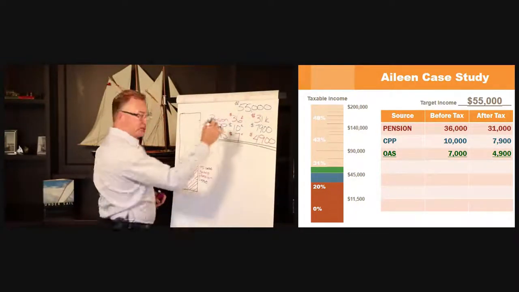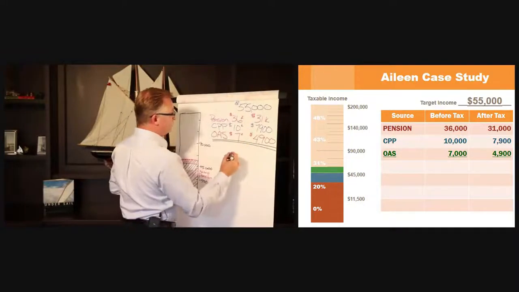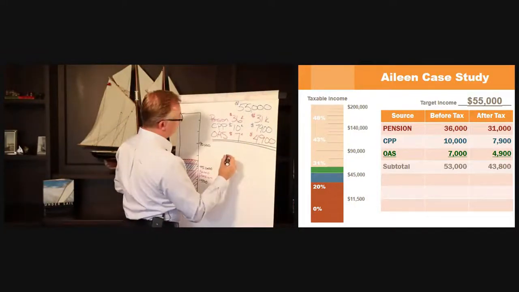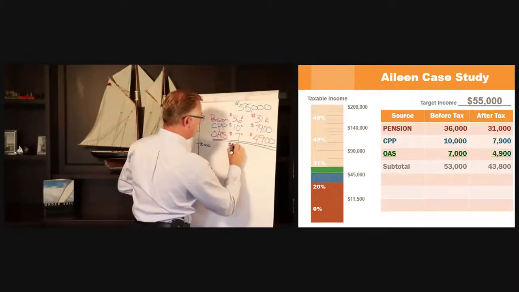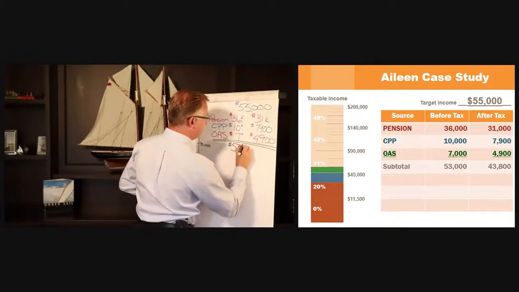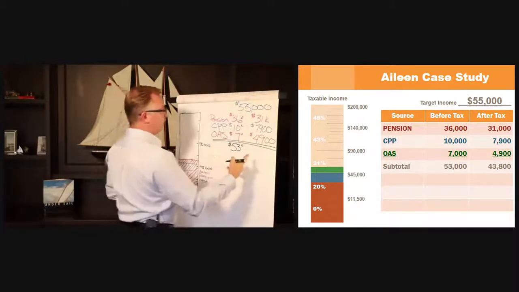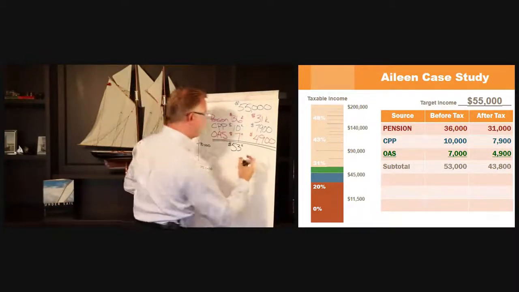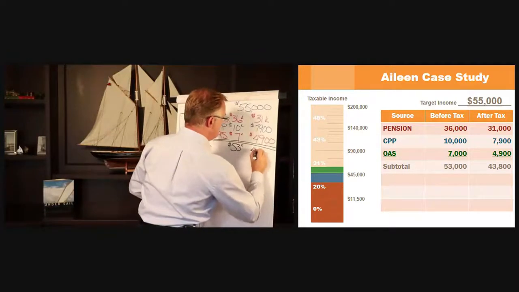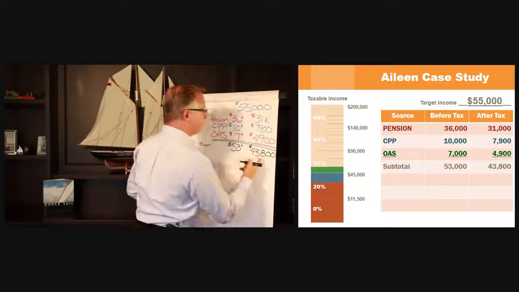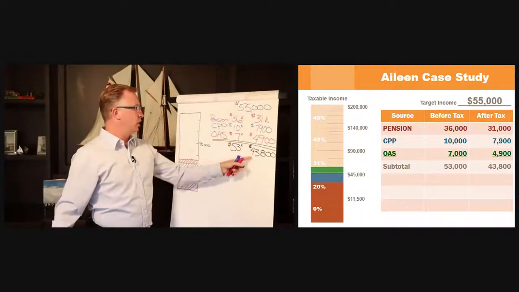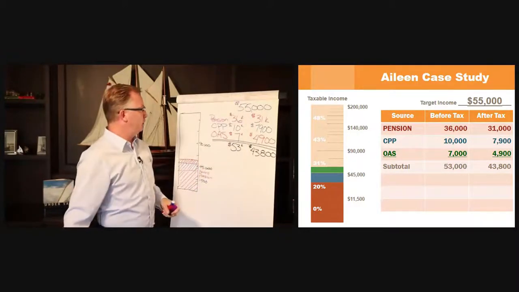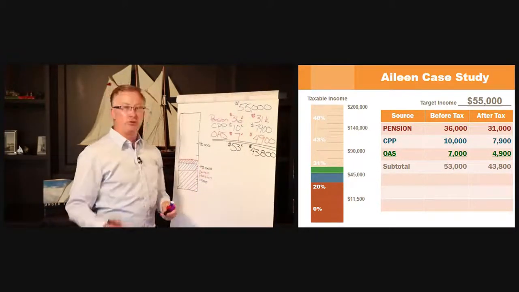We have 36, 46, 53, where are we at? 53,000 before tax, giving us 43,800 after tax. Is $43,800 enough money to meet her requirements? No. She's short about $11,200.